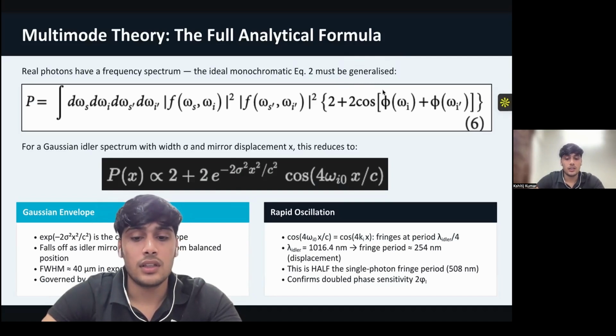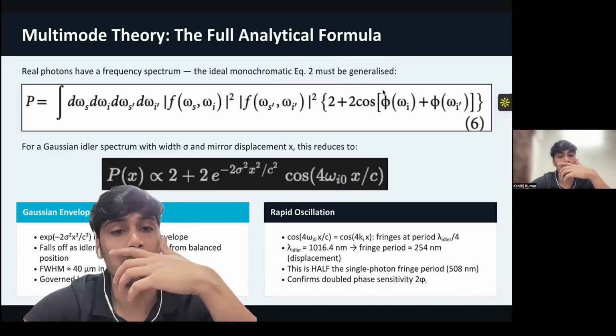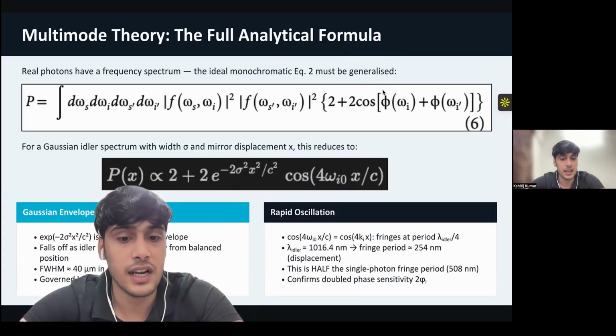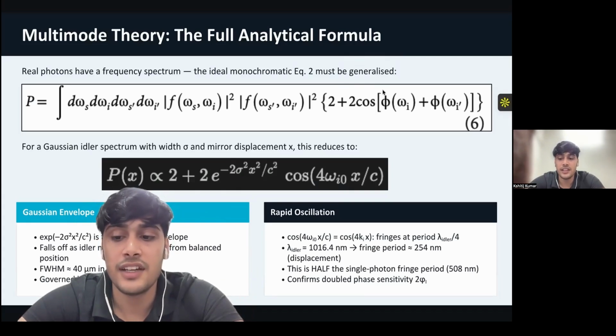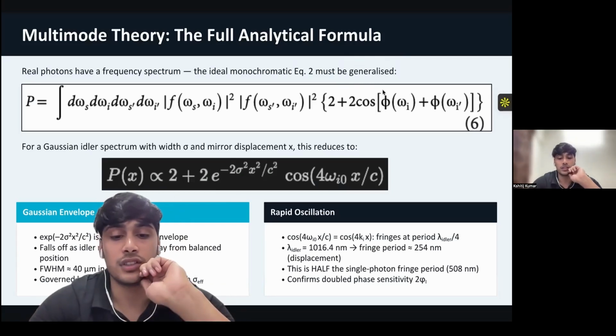Now, in the notebook, we assume that the joint spectral amplitude is separable, meaning that the signal and idler frequencies are independently distributed. This is valid here because we are putting a narrow 2 nanometer interference filter on a single photon before detection, which effectively factorizes the joint spectrum.